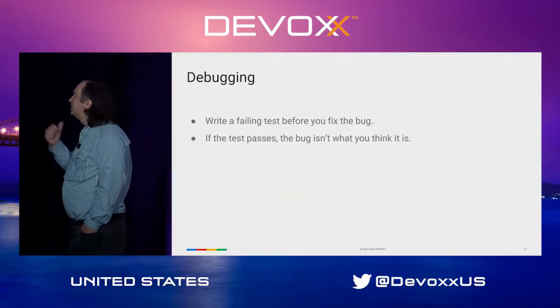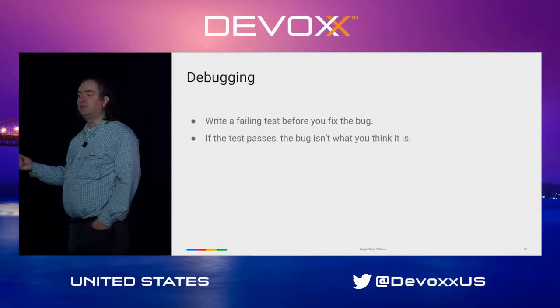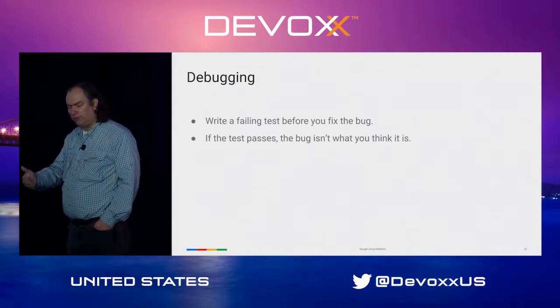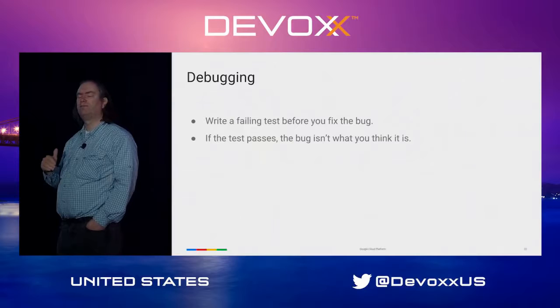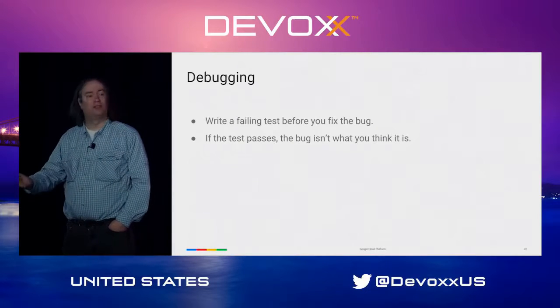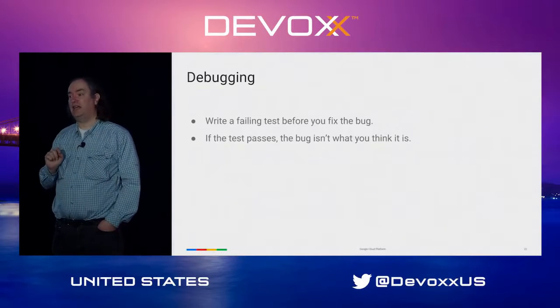Okay, development practices with tests. Debugging. This is easy. If you find a bug in your code, it's shipped, it comes in from a user report, or a tester reports a bug, or you just happen to notice something, stop, think, don't fix the bug. File the issue, write a failing test.